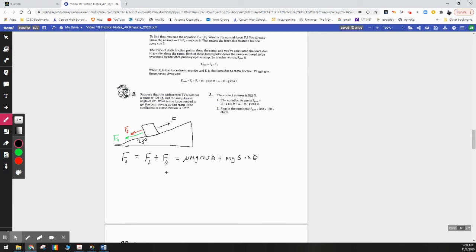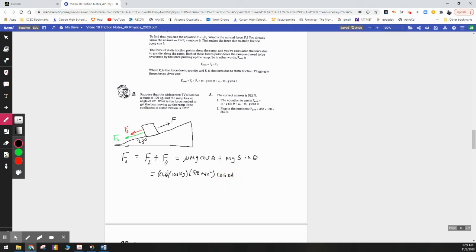So now, once we're here, we can plug in the values. What is mu? Mu is 0.2, and the mass of this is 100 kilograms. We are on the Earth, which is 9.8 meters per second squared. And we're going to have to do the cosine. Make sure we're in degrees, not radians.